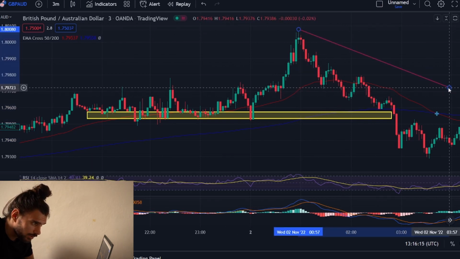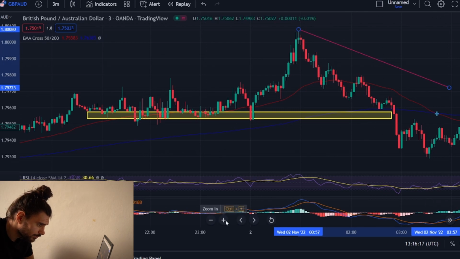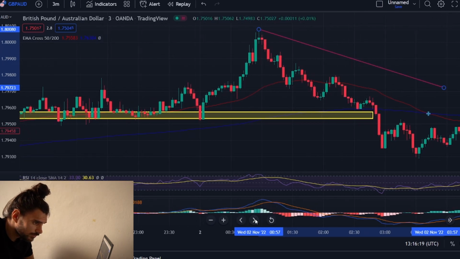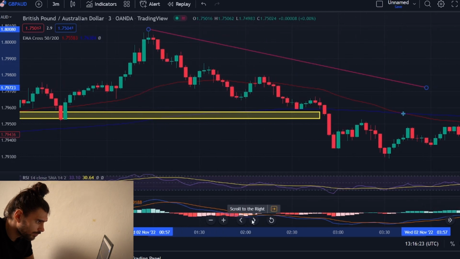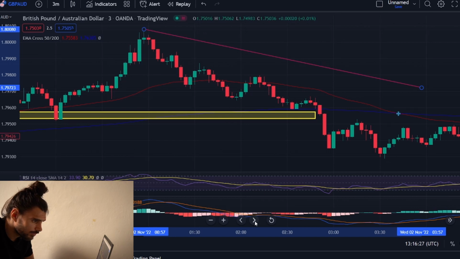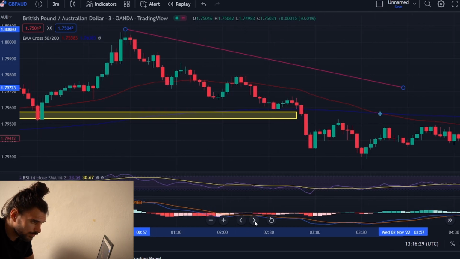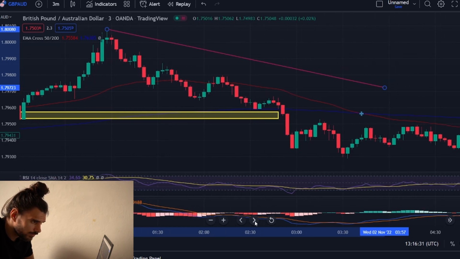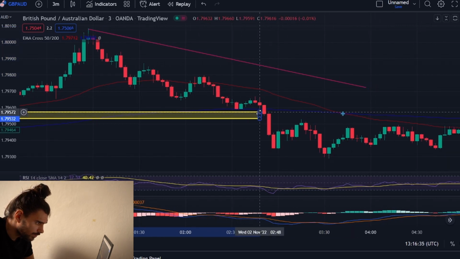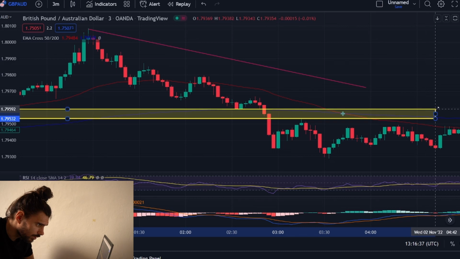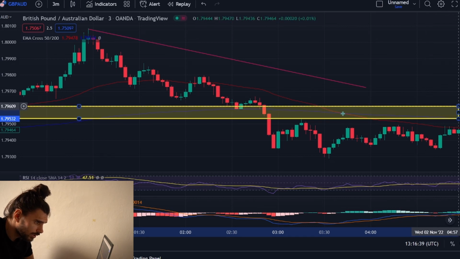So let's see what the market does here. Now I probably want the market to come to around here somewhere and then see what happens.